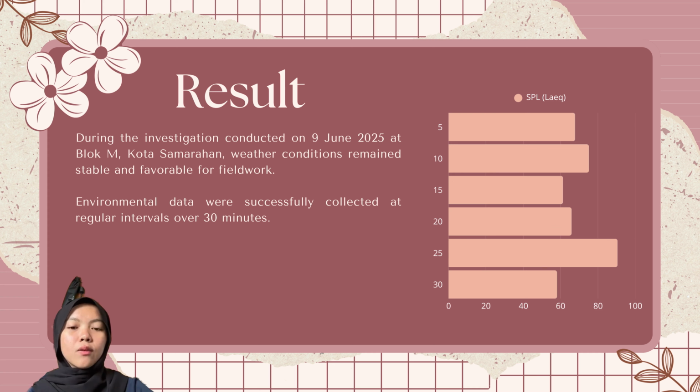Third, 31.3 because of students chatting. Fourth, 65.9 because of student drop-off. Fifth, 90.5 because of a lorry passing. And lastly, 58.1 because of a car passing by.